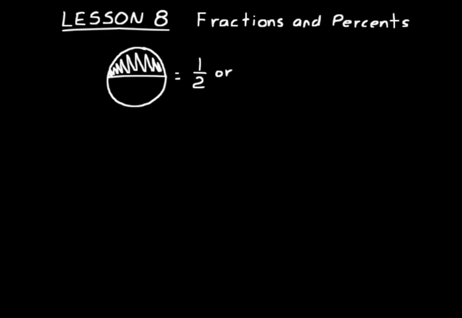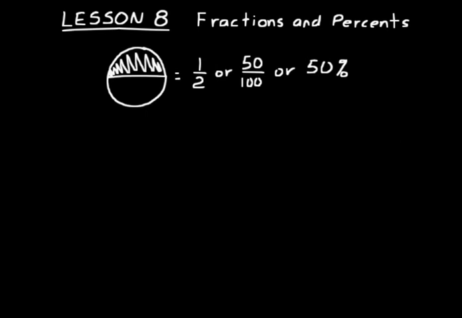Now just think about 50%. Think about the word percent. It means per 100. So 50% is 50 per 100. 50 over 100. And so we can just say in percent form we write 50 and we put this little symbol at the end.